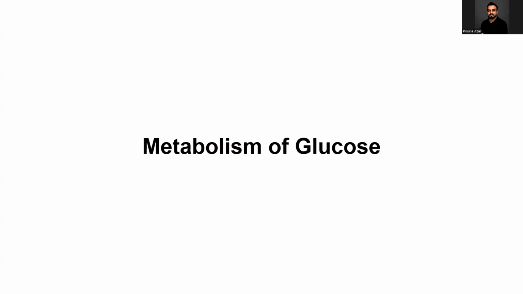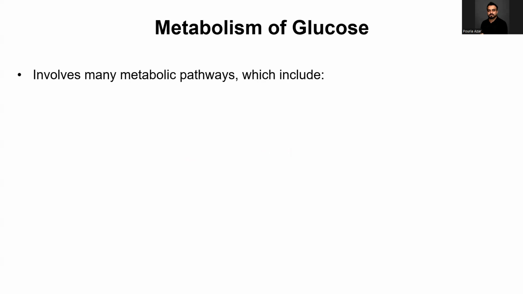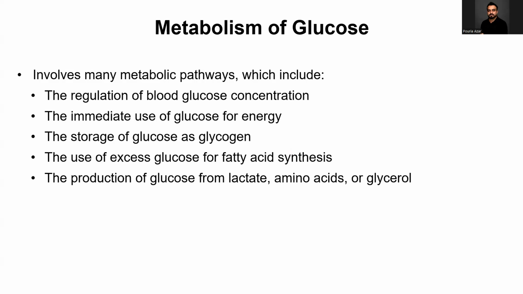We have metabolism of glucose. When we say metabolism of glucose, it involves different pathways. It involves the regulation of blood glucose concentration, the immediate use of glucose for energy, the storage of glucose as glycogen.